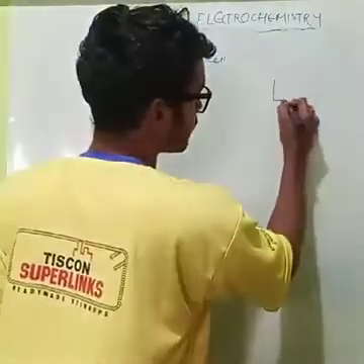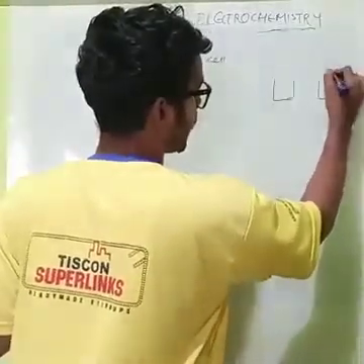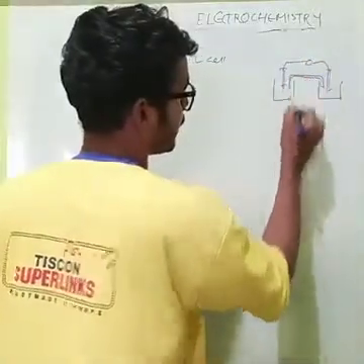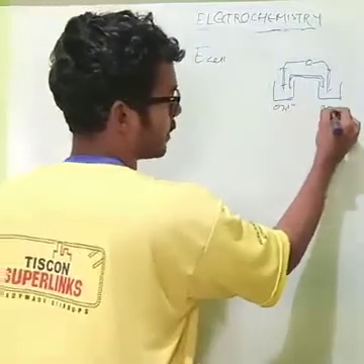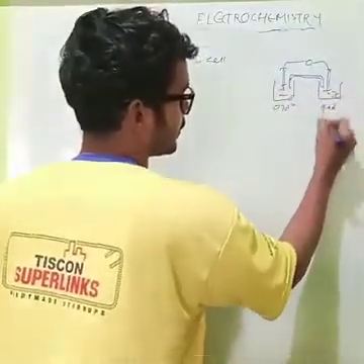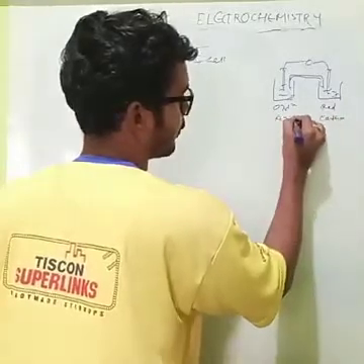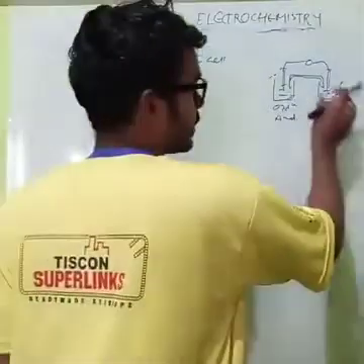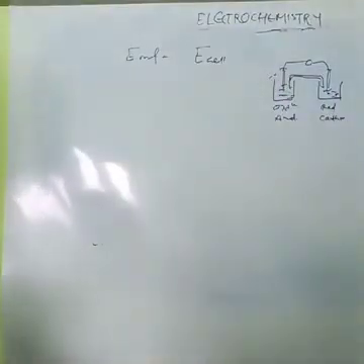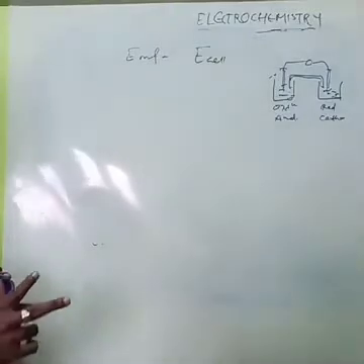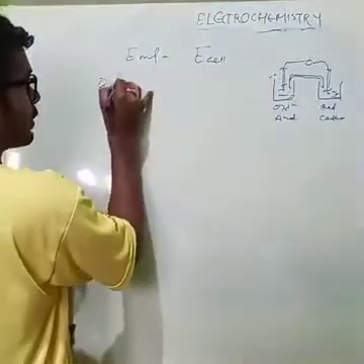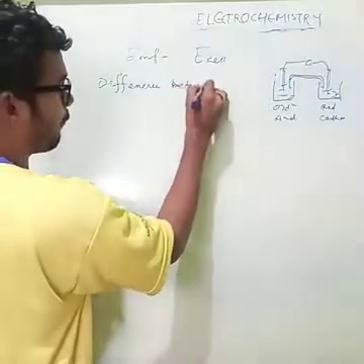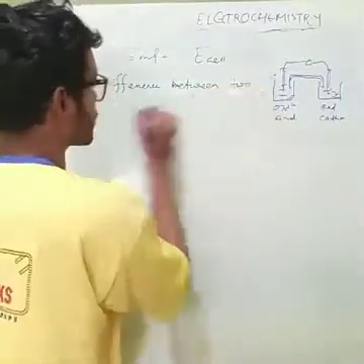Suppose this is our galvanic cell, and two half cells are connected by a salt bridge. This one is oxidation, here it is reduction, this is the cathode, this is the anode. Each has some electrode potential.